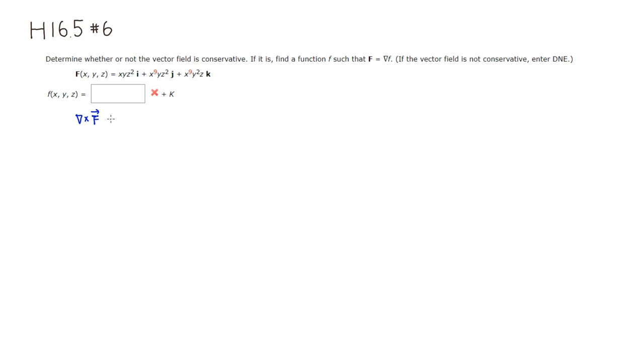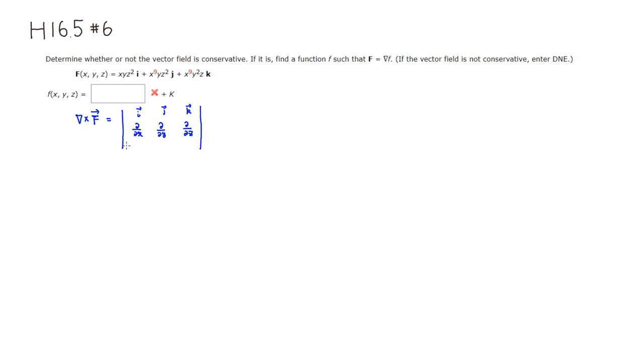So this is curl, so you have i, j, and k, and we have a partial with respect to x, a partial with respect to y, and a partial with respect to z.